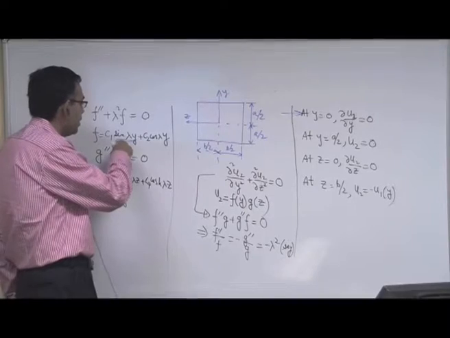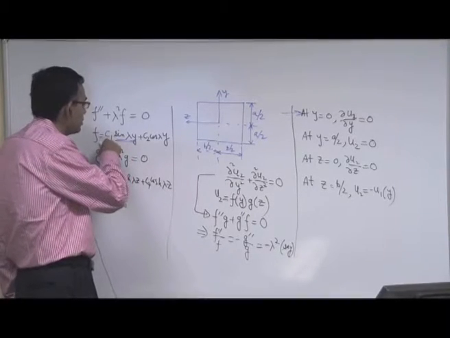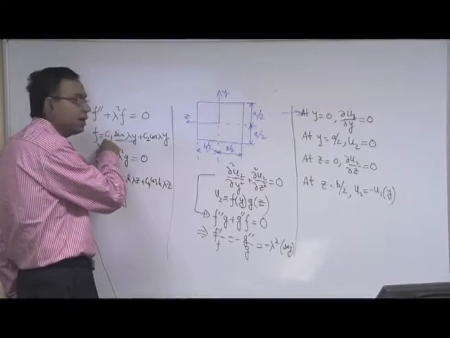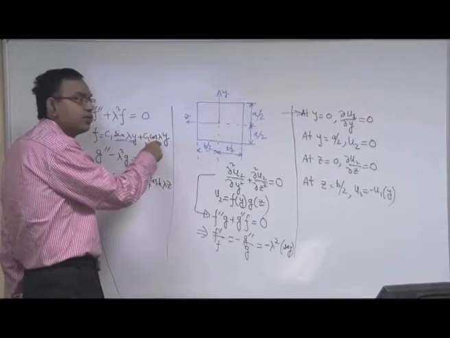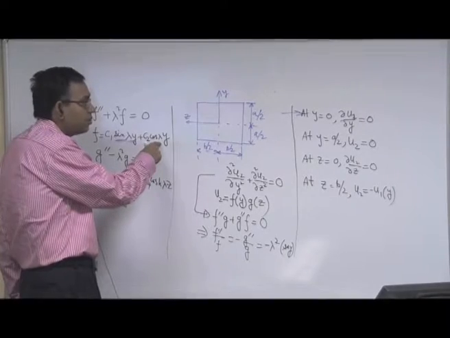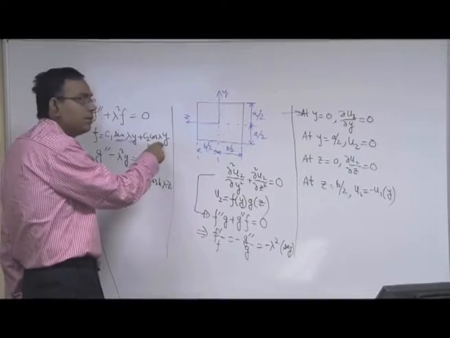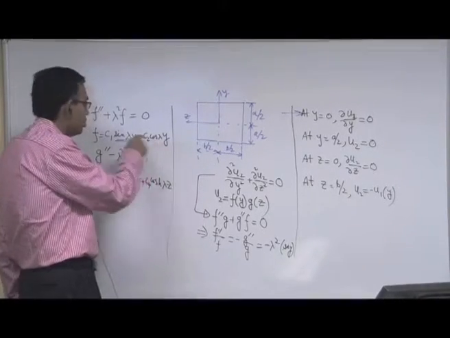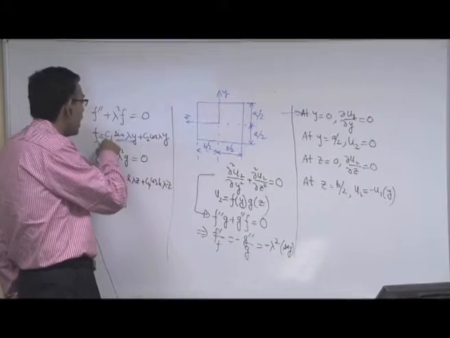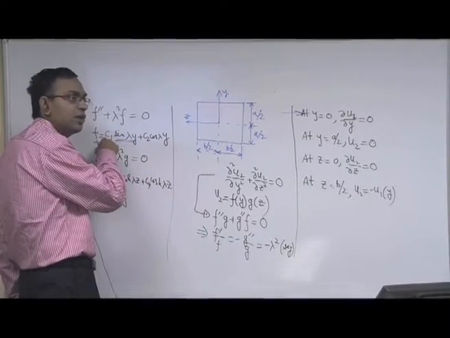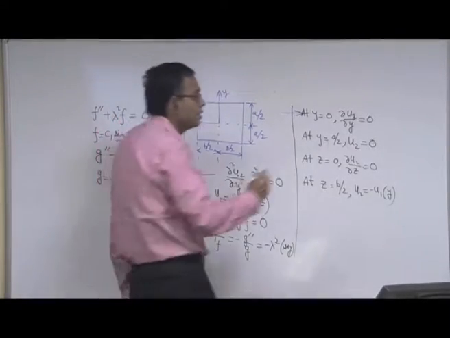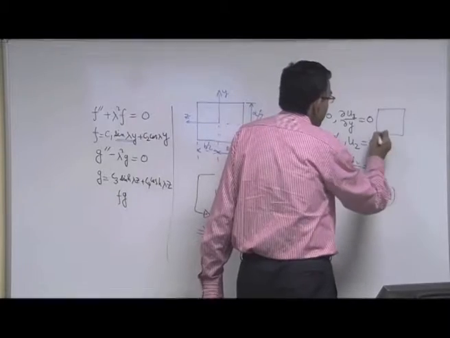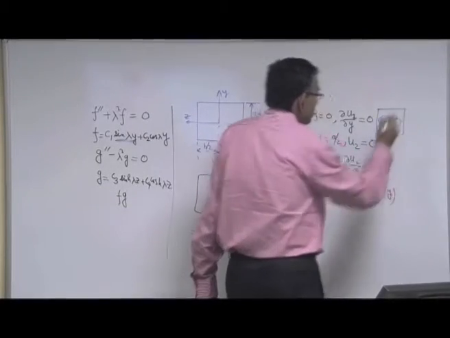So the coefficient of C1 in df dy will be cos and the coefficient of C2 will be sine. So at y equal to 0 the sine will be automatically 0. So to make this 0 at y equal to 0 you must have C1 equal to 0. So this boundary condition gives, let us write this in a box, C1 equal to 0.